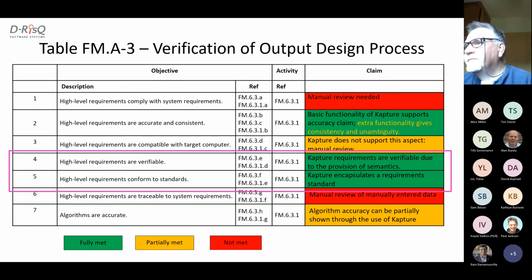That's implicit. There are other things which it can't do at the moment. So how do you show that the high-level software requirements satisfy the system requirements for allocated software? That's a manual review at present, but I'll come back to that. Then there are those which are partially met, where Capture helps but doesn't provide all the information.